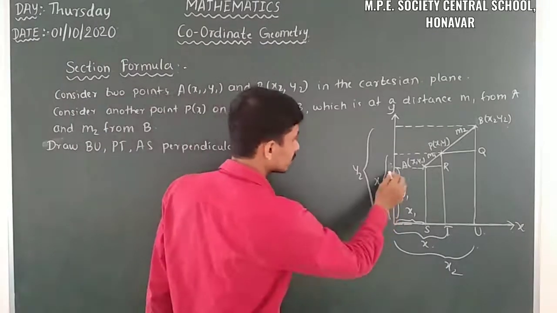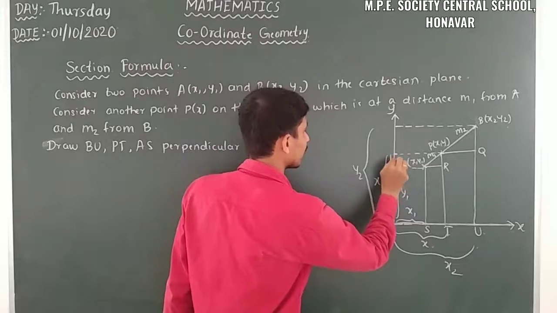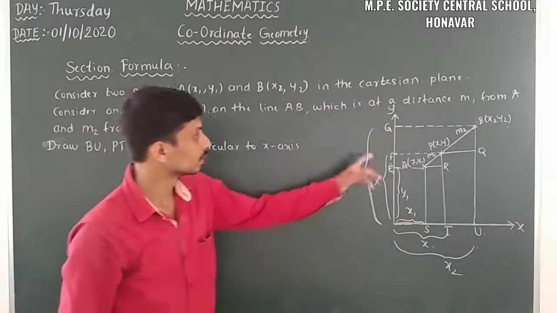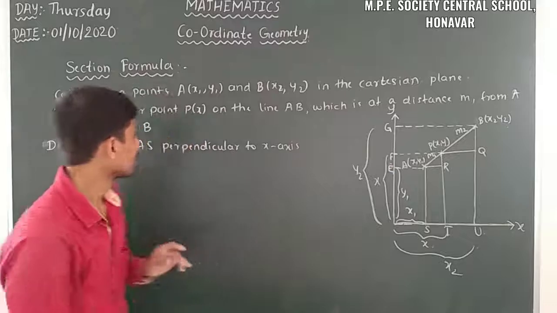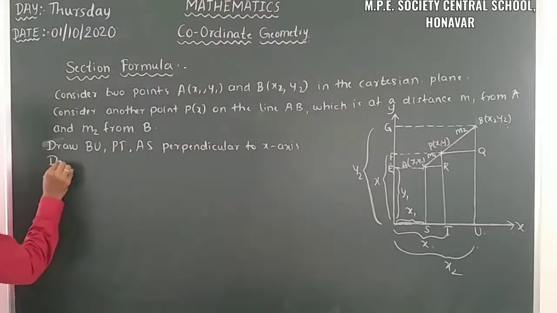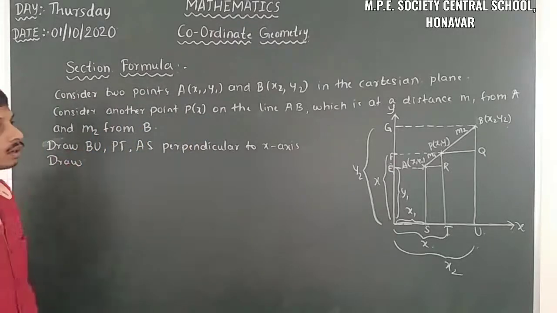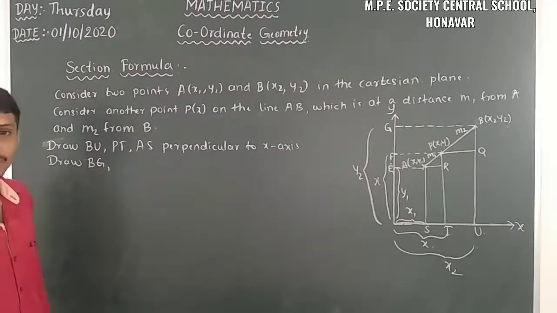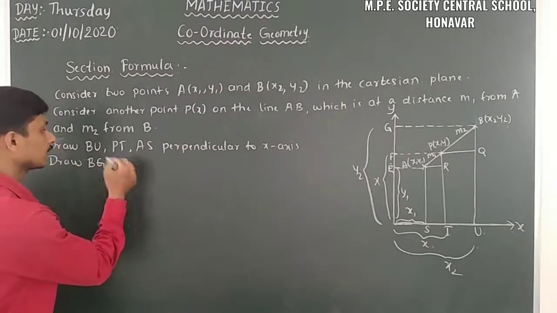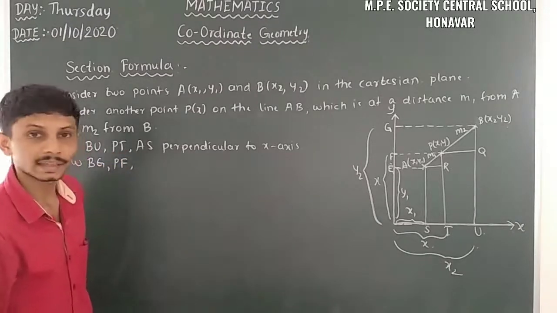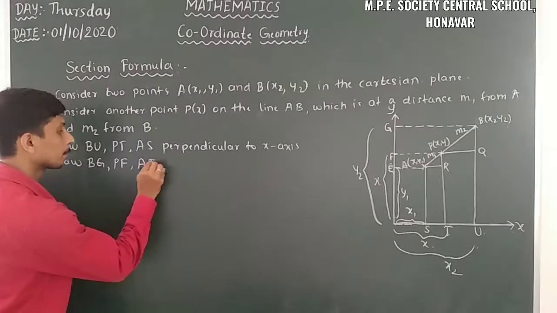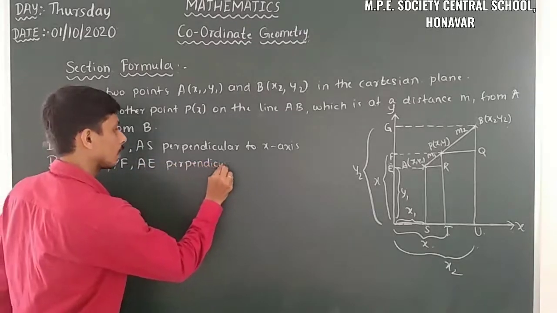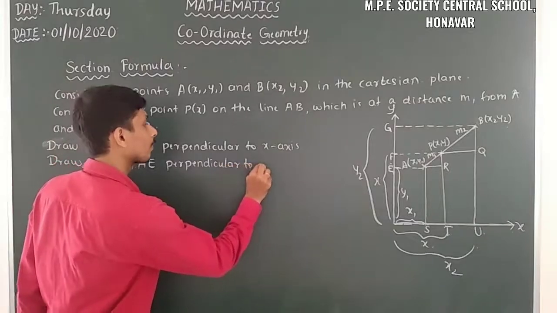Then I will name these 3 points E, F and G. Also we have to draw BG, PF and AE perpendicular to the y-axis.